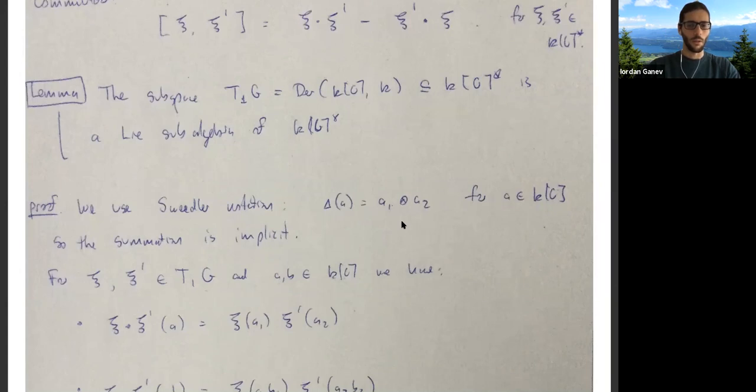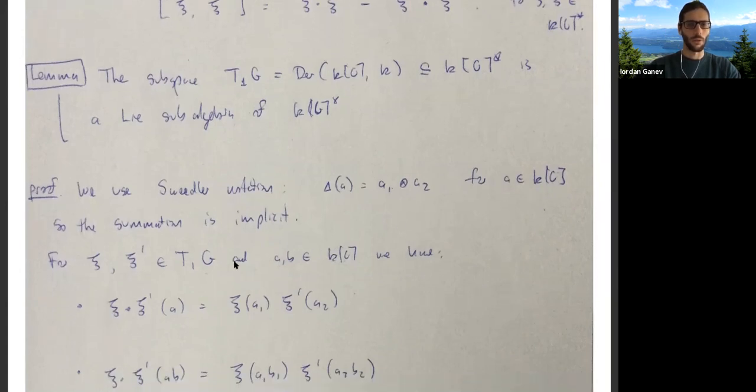Okay, so using Sweedler notation, we can write the product of two elements in the tangent space, thinking of them as linear functionals on K[G], in the following way. If we want to know the value of this functional at a, a being an element in K[G], that would be the product of ξ applied to a1 and ξ' applied to a2.